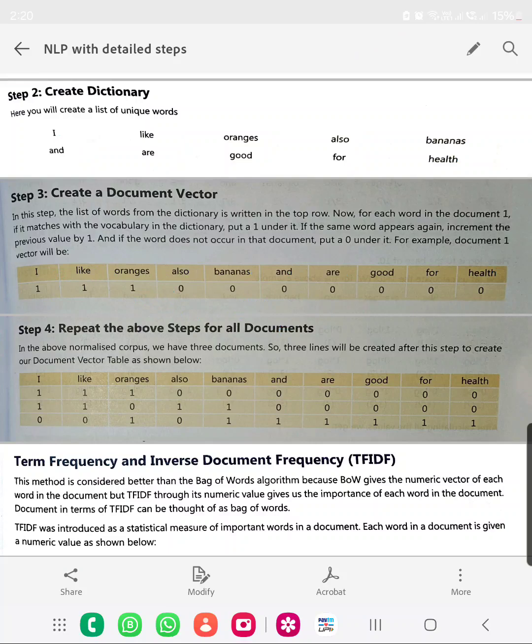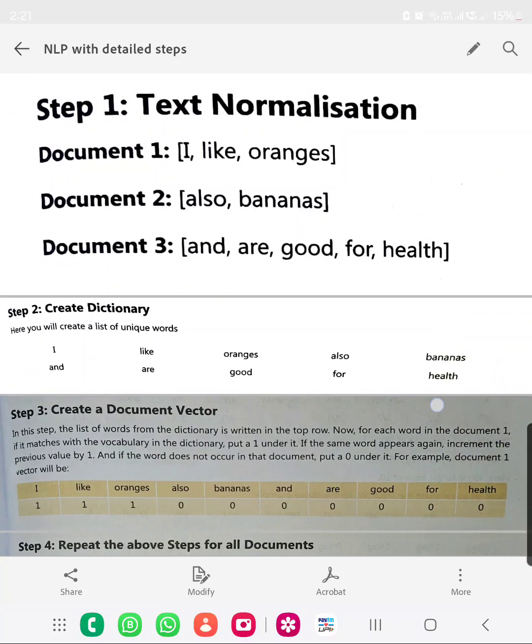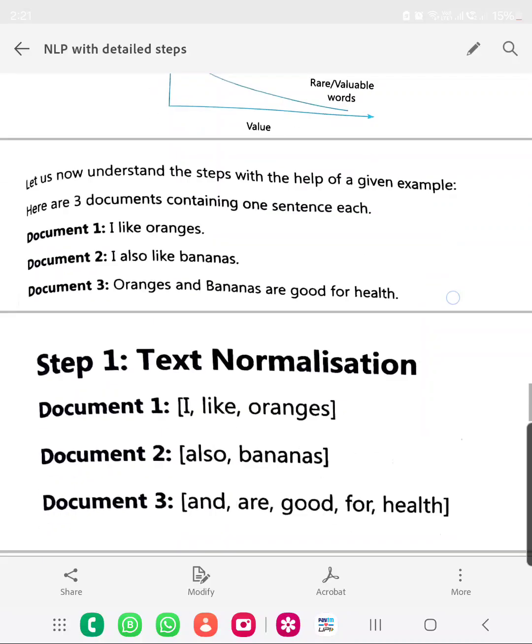So we repeat the same for the other documents. This is for document 1, which we have already done. This is for document 2, and this is for document 3. What was document 2? Let's go back and see. I also like bananas.